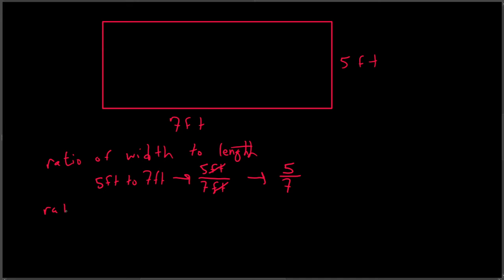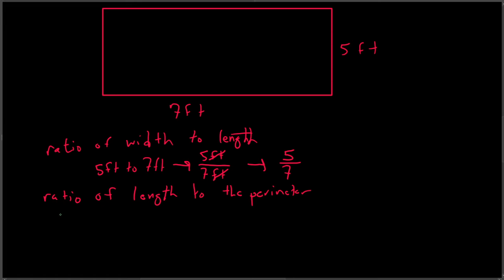I could ask, what's the ratio of the length to the perimeter? And we have to remember that the perimeter of a rectangle is twice the length plus twice the width, because I'm adding up how long it takes me to go to each side, and I have 2 sides of 7 and 2 sides of 5.